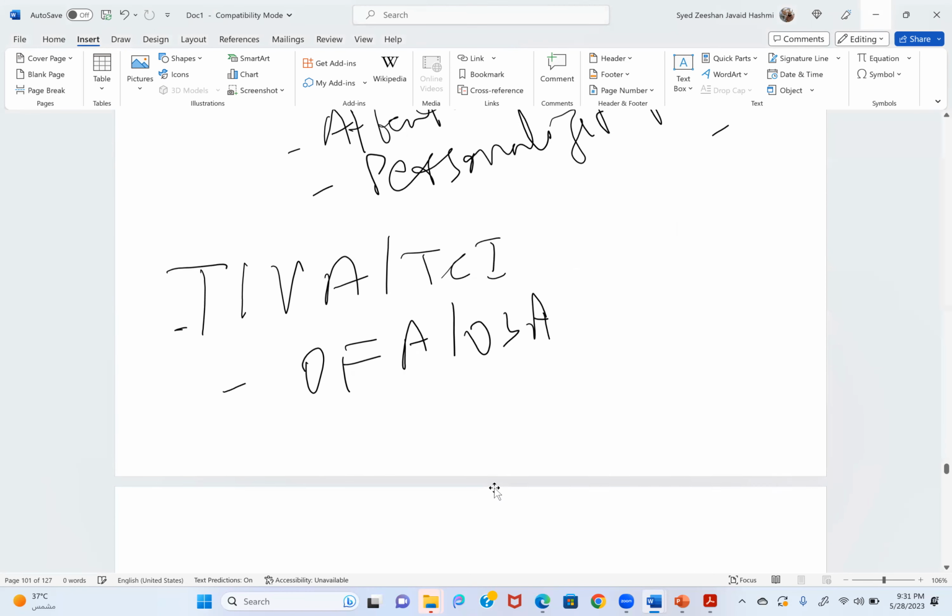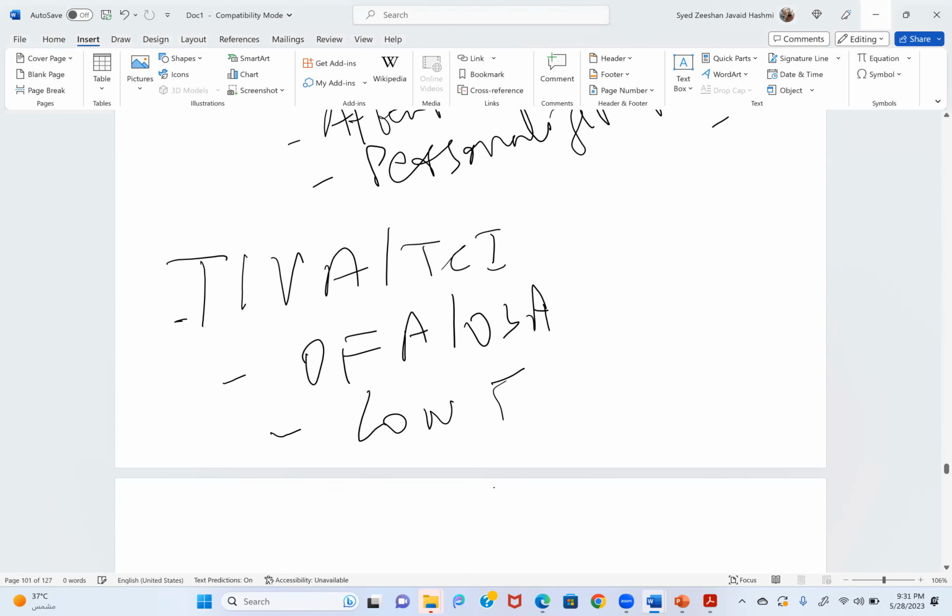There are some other techniques like low flow anesthesia. You can find a number of topics like that, recent developing things. In every exam there is at least one component of such things.